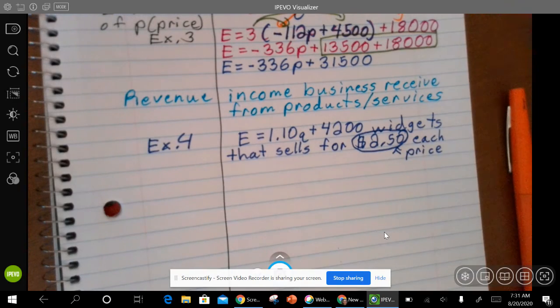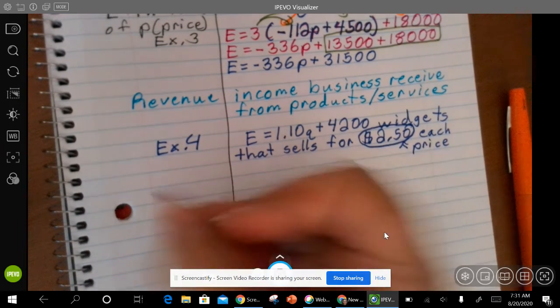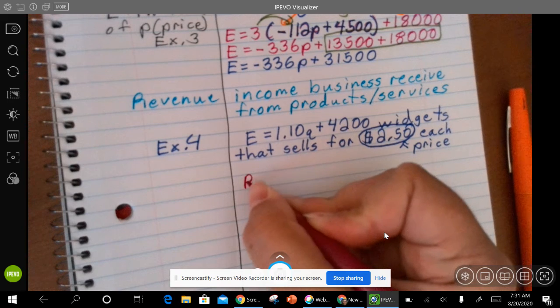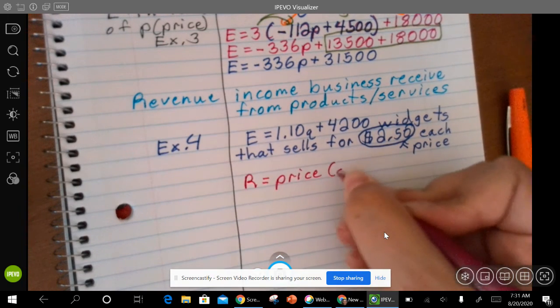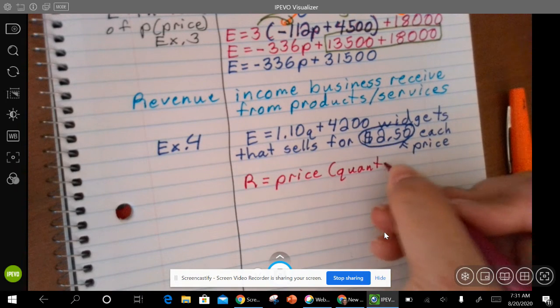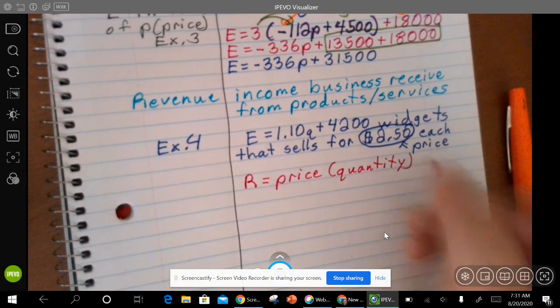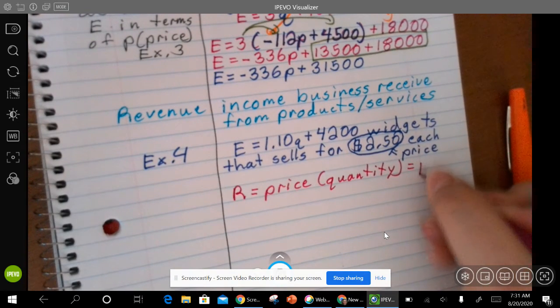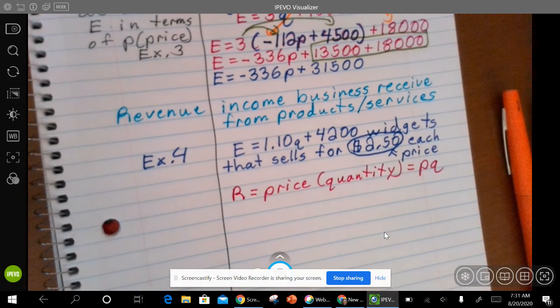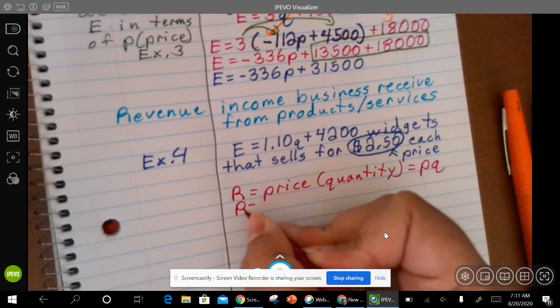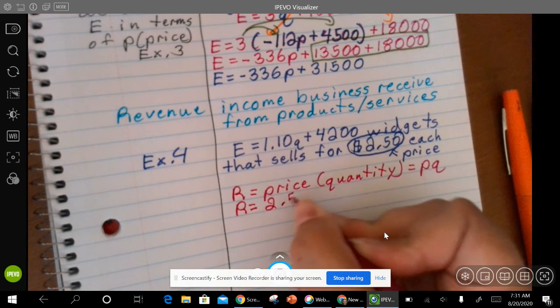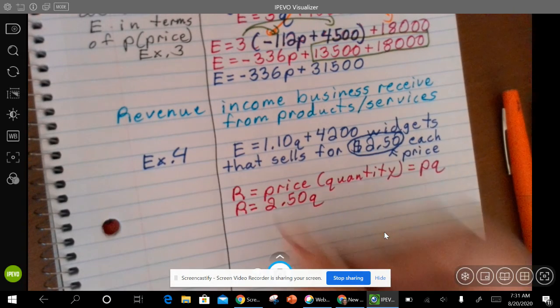So we're going to have to do this with revenue. So the revenue equation, everybody, is equal to the price times the quantity. So we're going to write this one as revenue is equal to the price, which is $2.50, times that quantity.